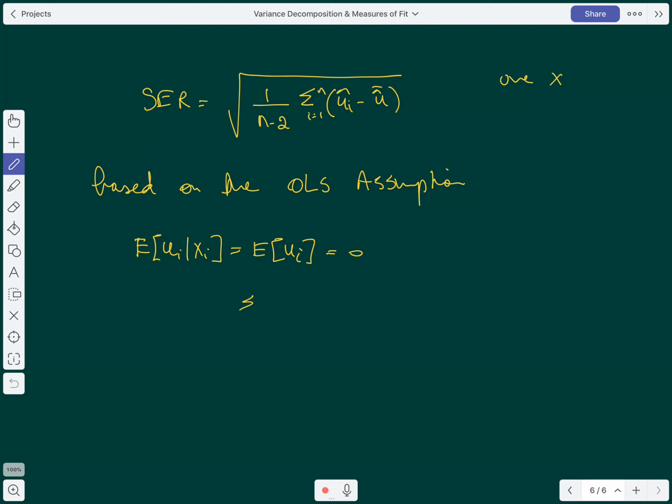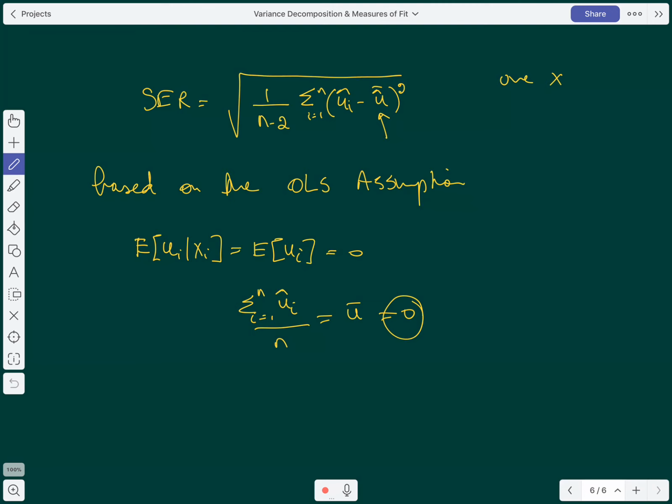And I said before that you can write it this way: the sum of all u_i hat over n is equal to u bar, which is equal to 0. So anytime you see u bar, just substitute it by 0.